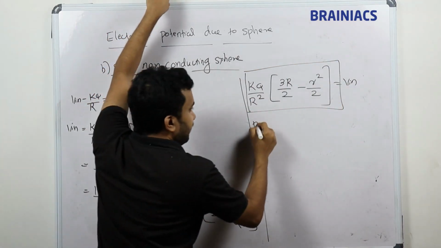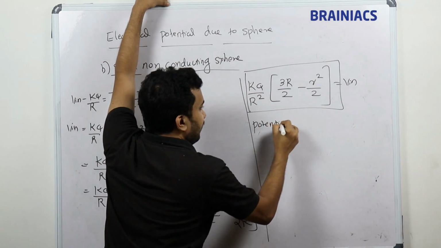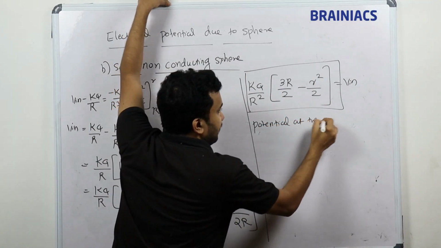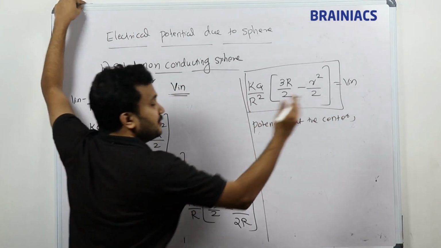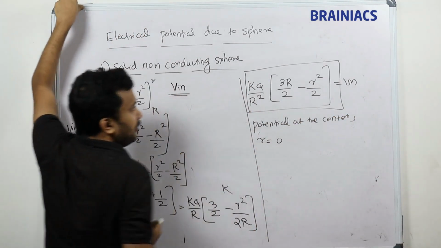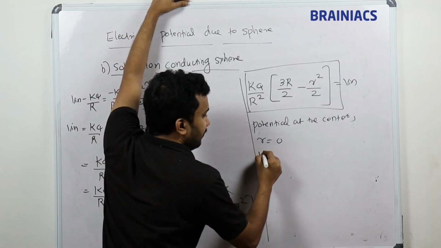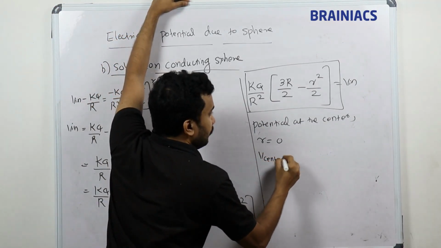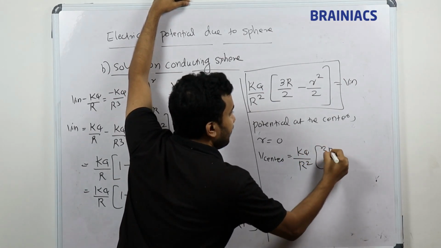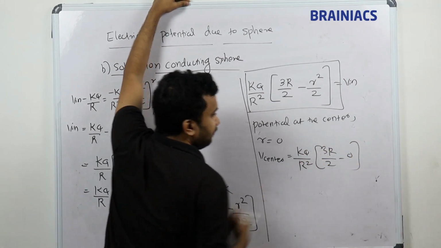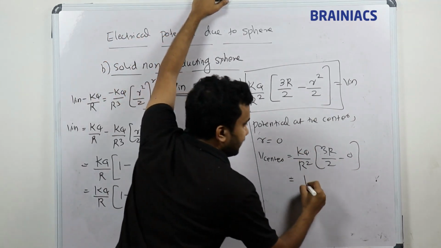Next, I am finding the potential at the center. Potential at the center means which factor will be equal to 0? Small r is the distance from the center, so at the center r will be equal to 0. So the formula: V at center equals KQ divided by R square into 3R by 2 minus 0. Here R and R get cancelled.